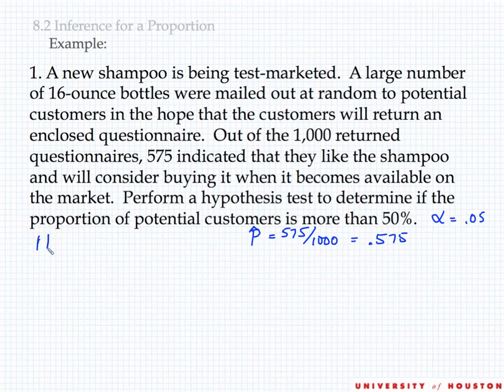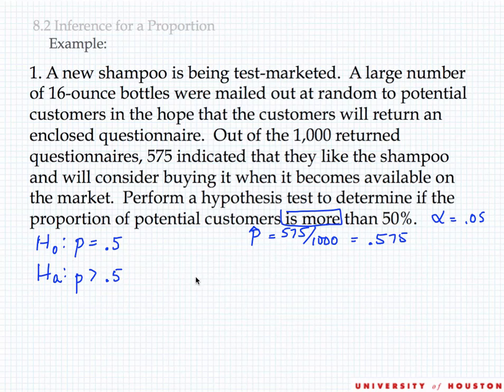And since our p naught is 50%, n times p naught and n times 1 minus p naught are both greater than 10. So our null hypothesis is that p is equal to the claimed population proportion, which is 0.5. HA uses these same values, but we need to determine the inequality that goes between them. We want to know if it's more than 50%, so we use a greater than.